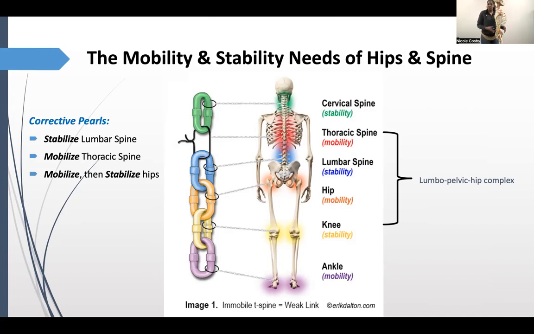Now the lumbar spine, on the opposite hand of that, is pretty mobile. We can think of it in our ability to extend, in our ability to flex, in our ability to rotate. For the most part, it's a pretty mobile joint. And that's intentional because the joint just below it is extremely stable. So we have to have some give and take in the links that are associated with one another.